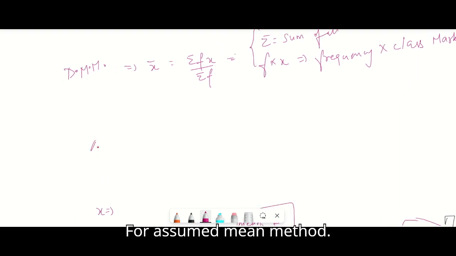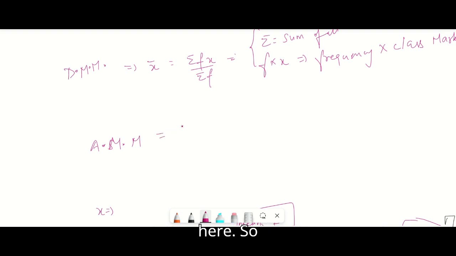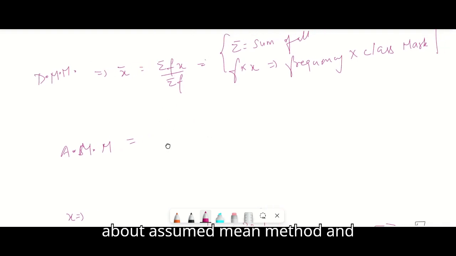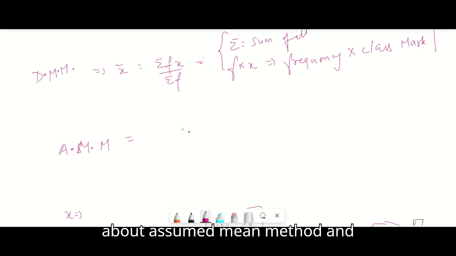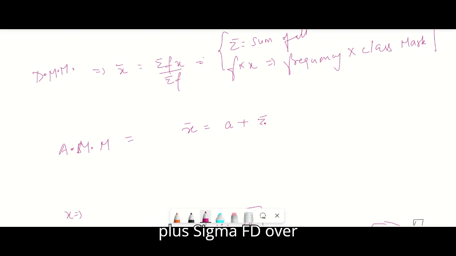For the assumed mean method, due to some issues, I had lost the audio here. Now let us continue. We were talking about the assumed mean method, and the mean is equal to a plus sigma fd over sigma f.